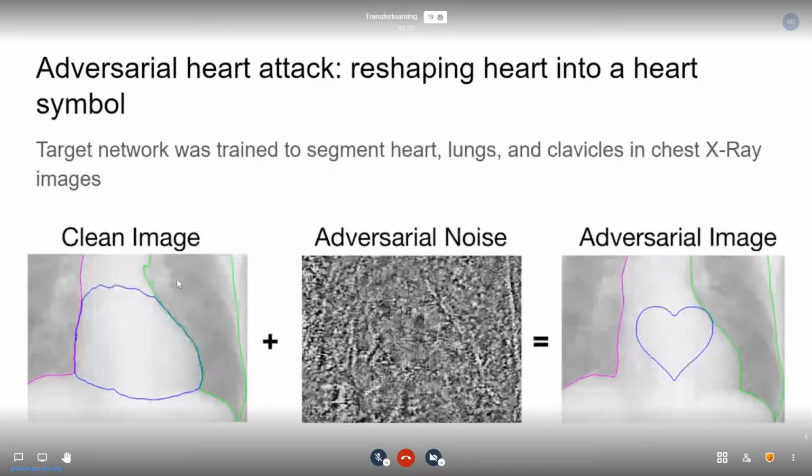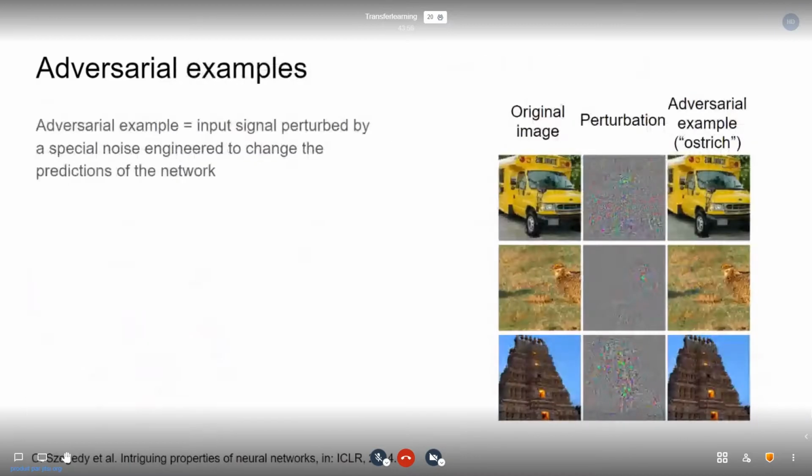What this adversarial heart attack does is add this very special adversarial noise that shapes segmentations predicted by the network in this way. So instead of the heart shape, which is kind of round, now we have this beautiful heart symbol.